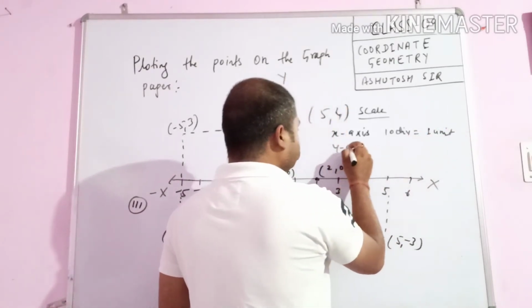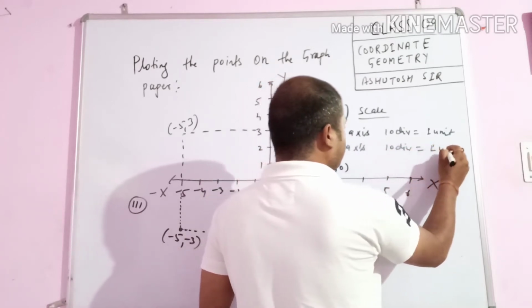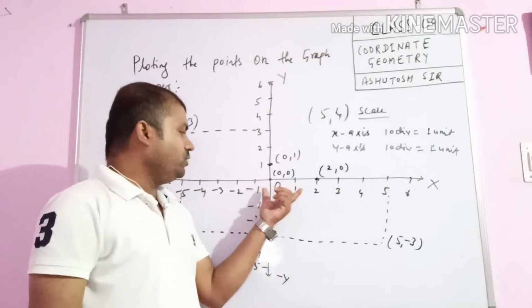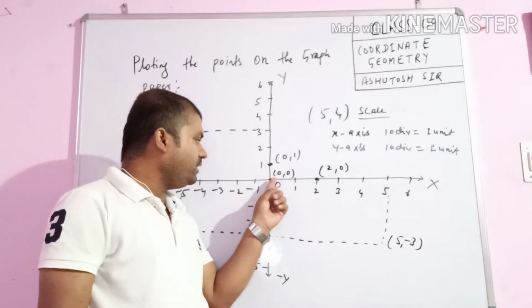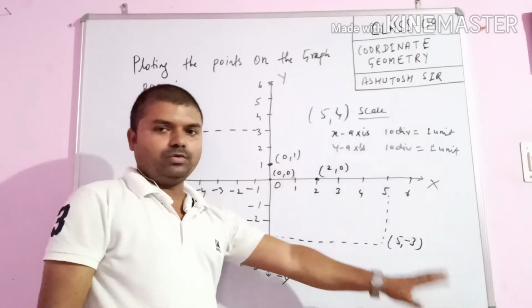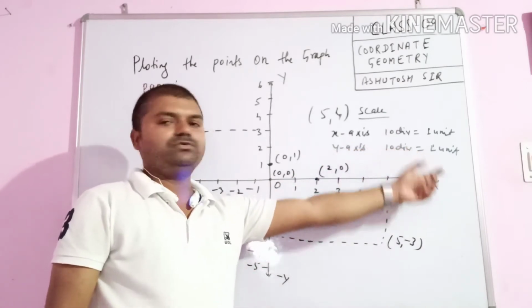And the y-axis also 10 divisions equal 1 unit. If you look at the graph paper, between 0 and 1 the line is divided 10 times. So on the x-axis we take 10 divisions equal to 1 unit, and on the y-axis also 10 divisions equal to 1 unit.